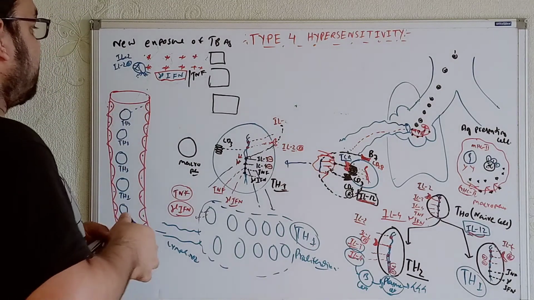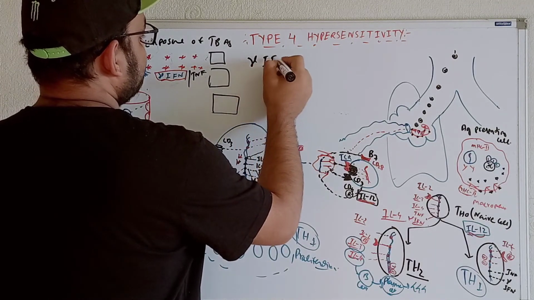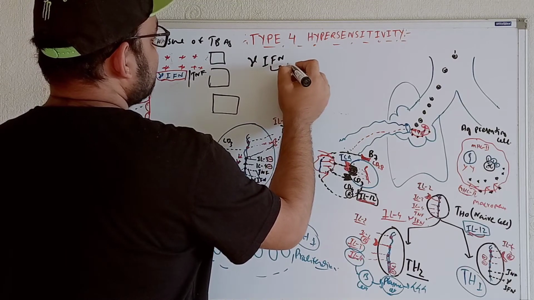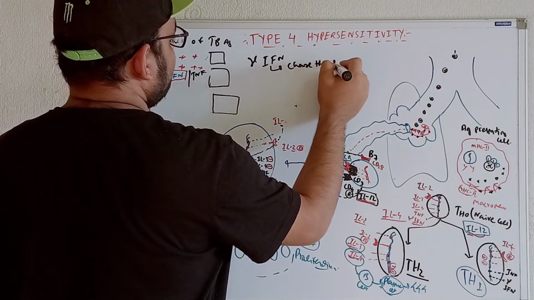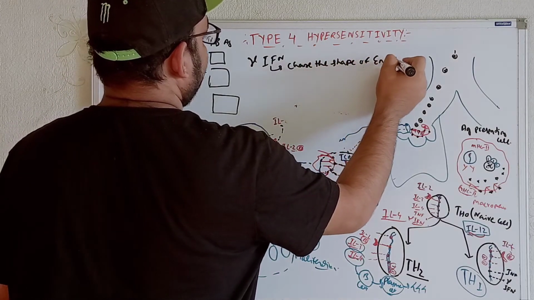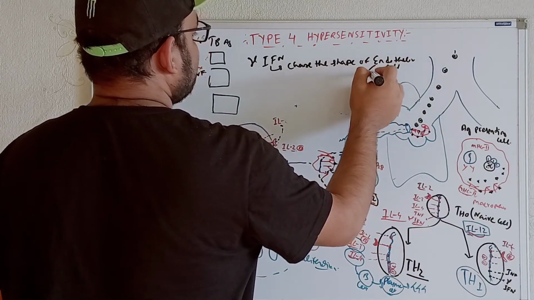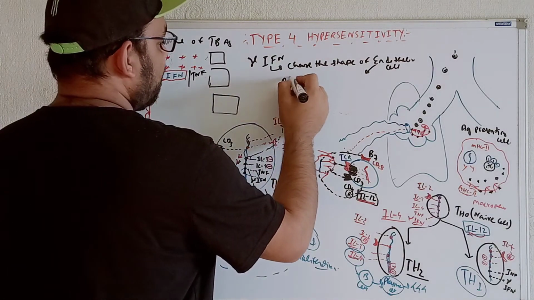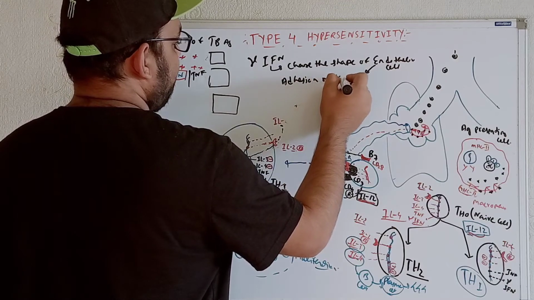Let's write it over here: gamma interferon changes the shape of the endothelial cell. It will make the endothelial cells produce the adhesion molecule for monocytes.